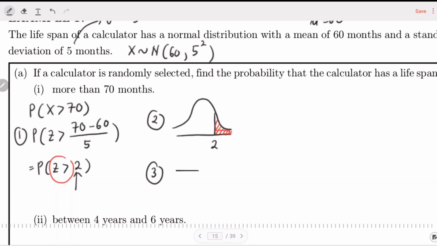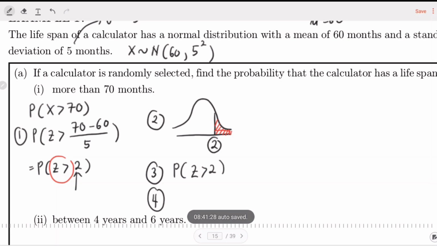So it's just going to be probability Z greater than this value. And the last step is to take a look at the standard normal table. You're going to get the answer 0.0228. That is for the first one.